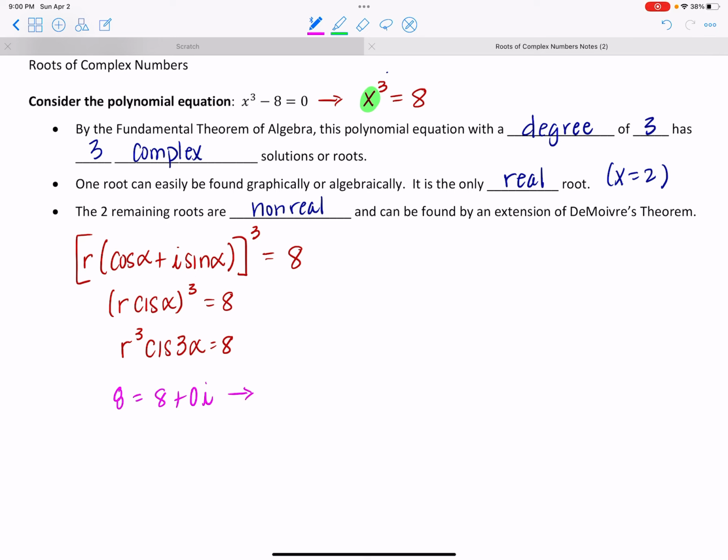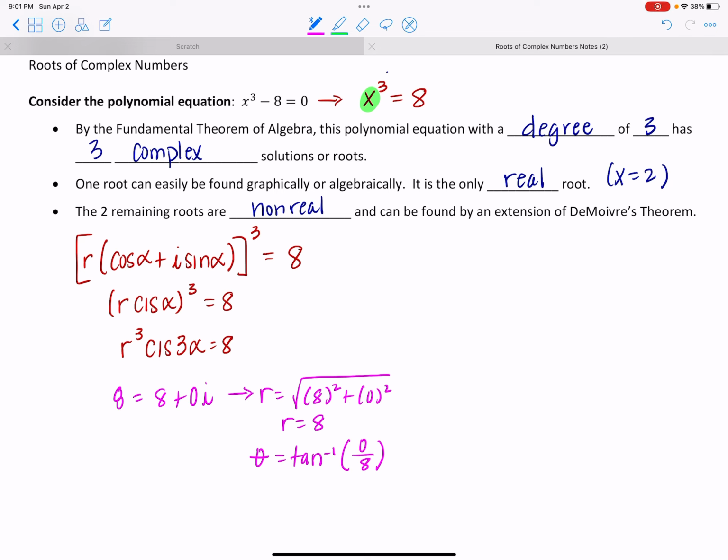So the radius, I know, is the square root of x squared plus y squared. In this case, that's going to make the square root of 8 squared, which is just going to be 8. So I know I'm going to have a radius length of 8, and I know that my angle, theta, and this is why I changed my thetas up there to alphas, because this is a different angle that I'm looking at, is going to be equal to the inverse tangent of my y value of 0 over my x value of 8. So I'm looking for an angle where the tangent of my angle is 0.